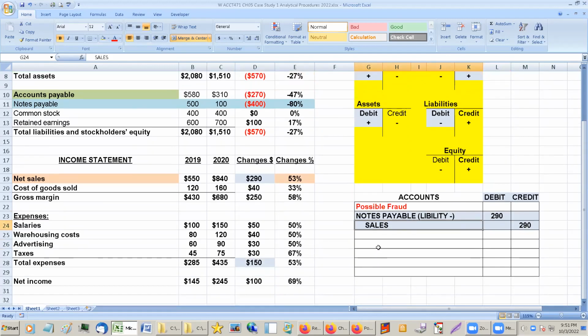Now, if they're complete idiots, they would do it just like this. If they weren't complete idiots, they might do something that looks like this, because this would be easy to find. Here's something a little harder to find.